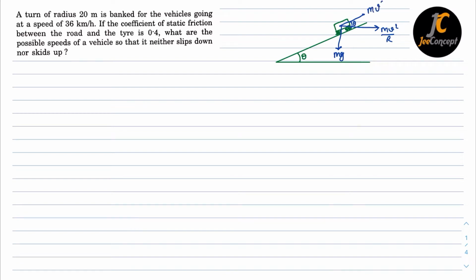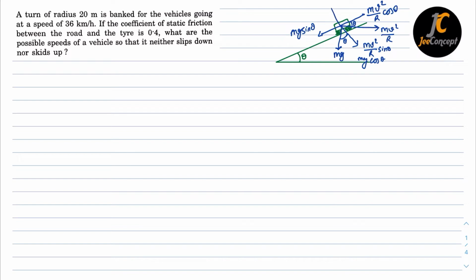One is mv square by r cos theta and mv square by r sin theta. If this is theta, then this angle will also be theta. So the mg component will be mg cos theta and here it is going to be mg sin theta.